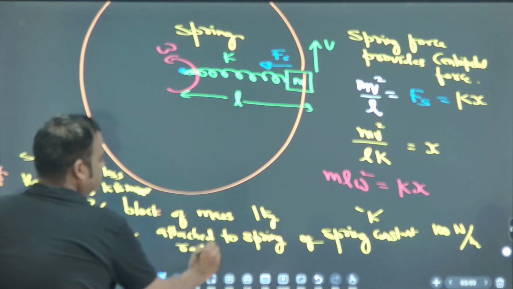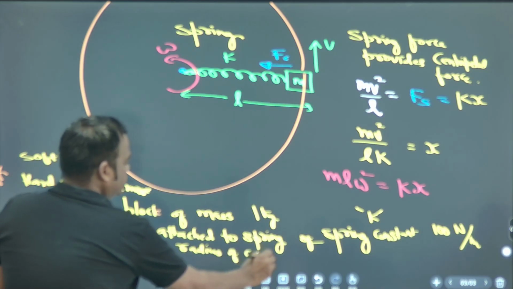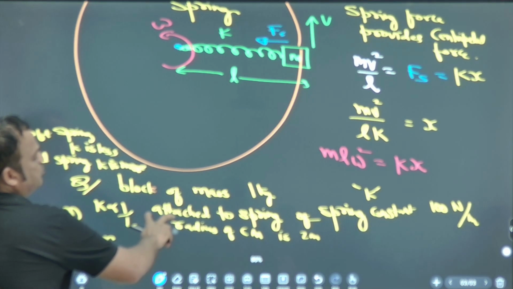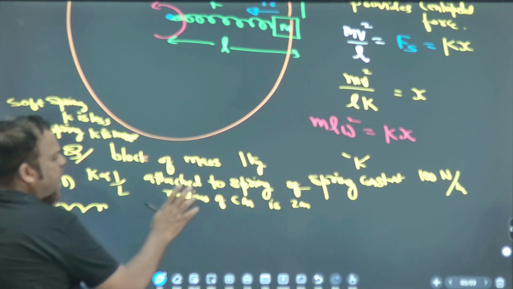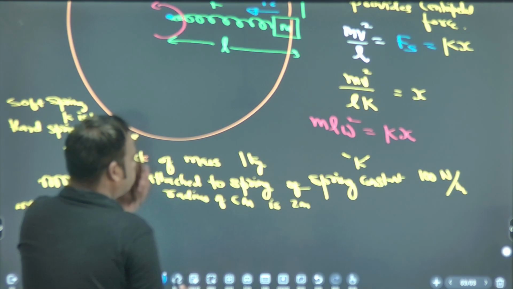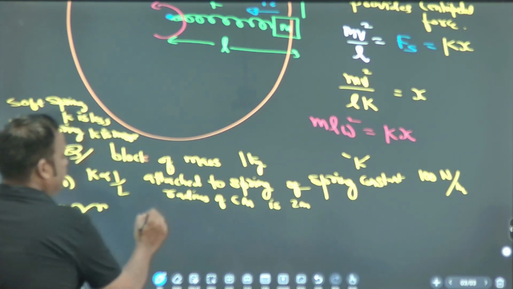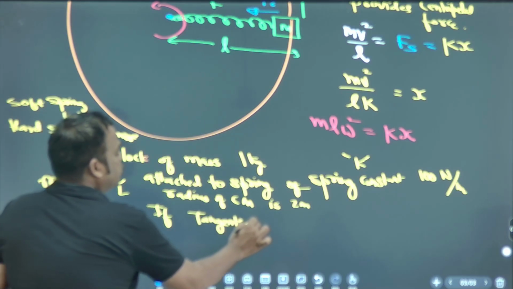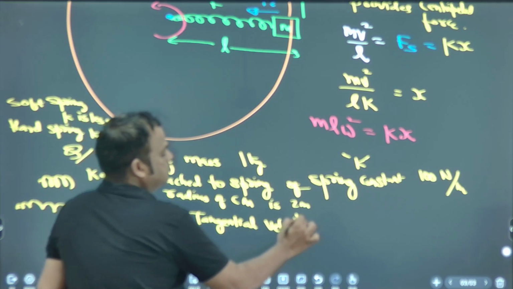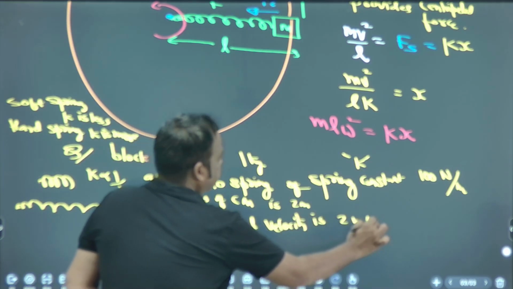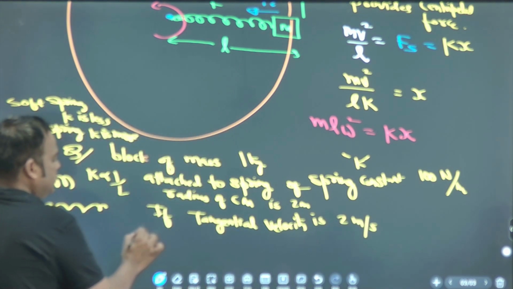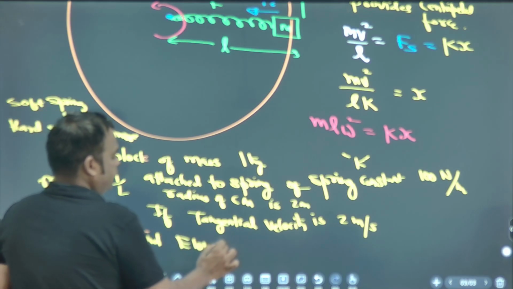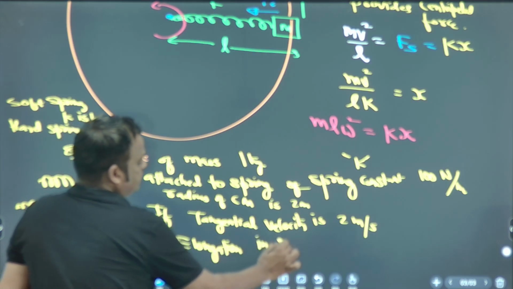Now radius is given. Radius of circular motion is 2 meter. Mass I have given, radius I have given. If tangential velocity is 2 meter per second, find elongation in a spring. Okay, calculate.